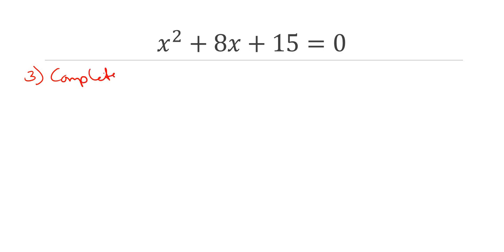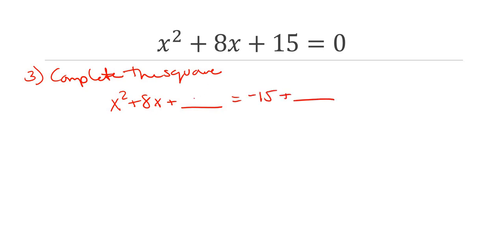Okay? Complete the square. So for complete the square, x squared plus 8x plus something. The number that goes in here is half of the middle squared. I add it to both sides. I now factor this.